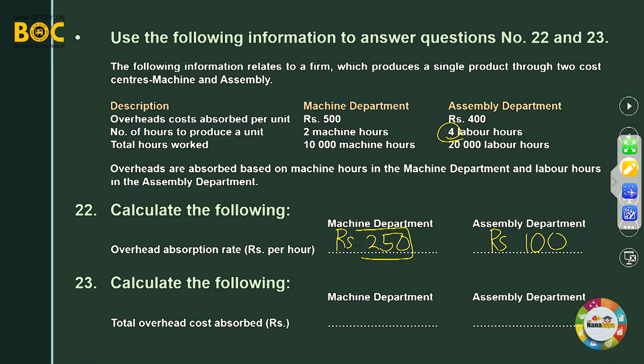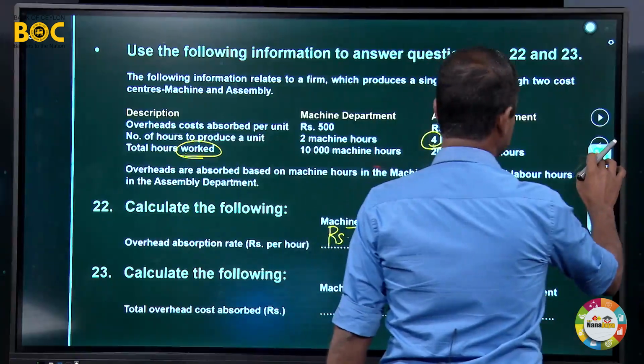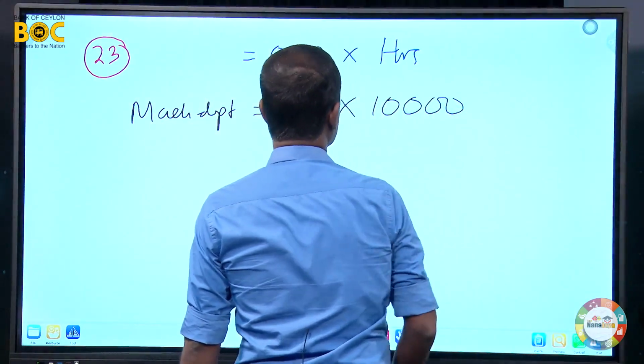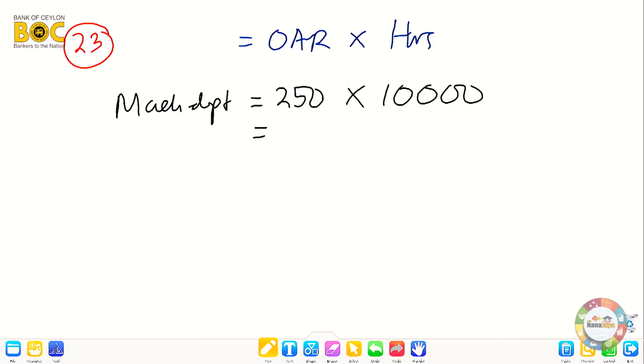Hours worked, total hours worked, 10,000 machine hours. You get 2,500,000. That's for the machining department.